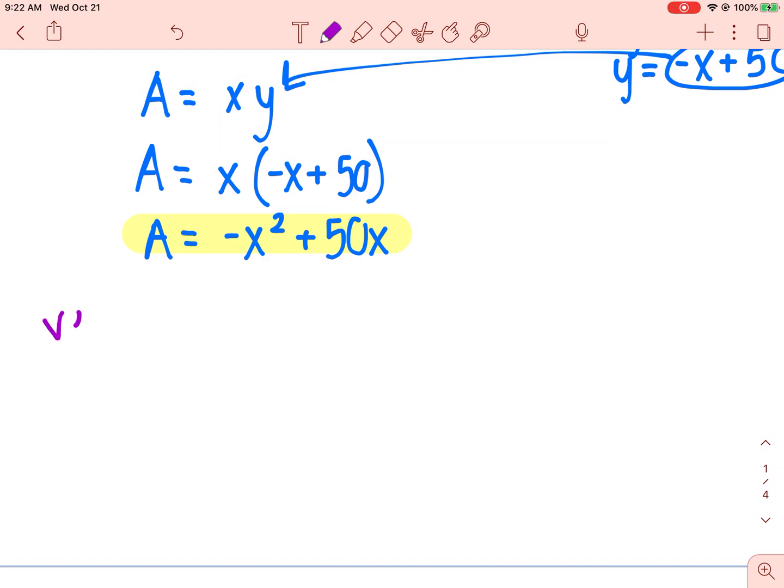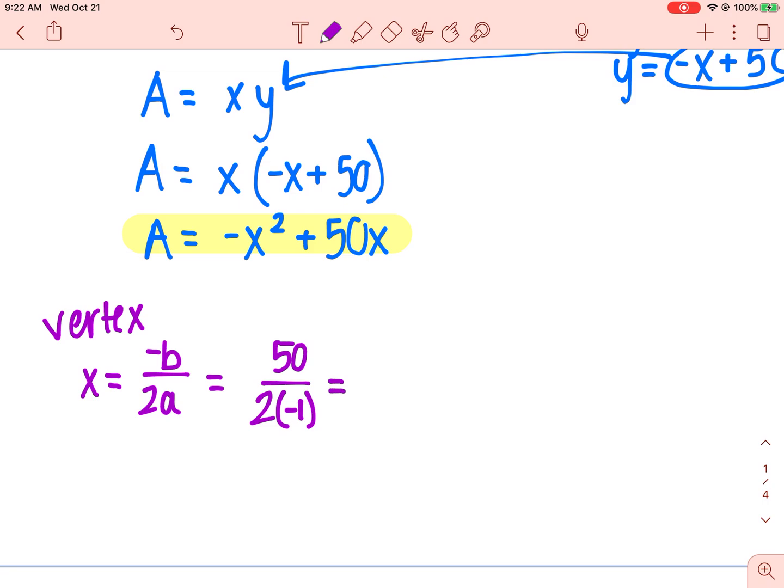So I'm going to use vertex, which just means the x value will be negative b over 2a. Negative 50 over 2 times negative 1. So my x value here is a positive 25. Let me find my corresponding value, because we don't care about the y value here, it just says find the area.